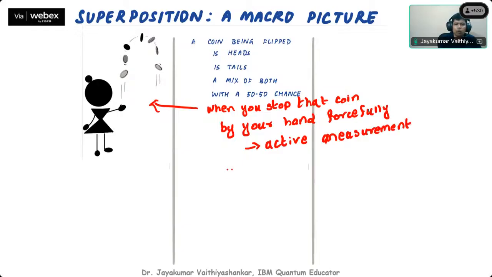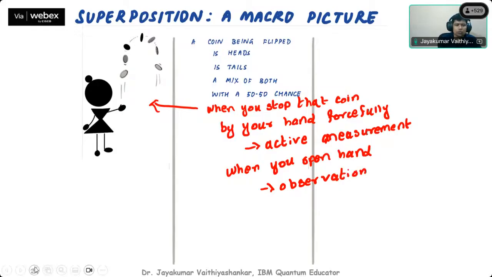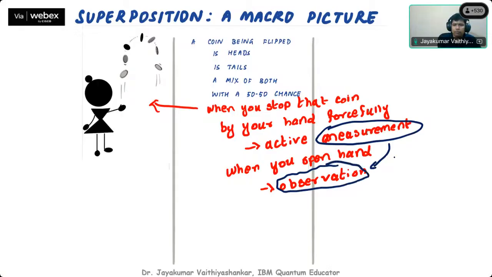When you open your hand, you are doing observation. So two things we are doing: measurement followed by observation. This is what happened. When you do so, the superposition will get collapsed.